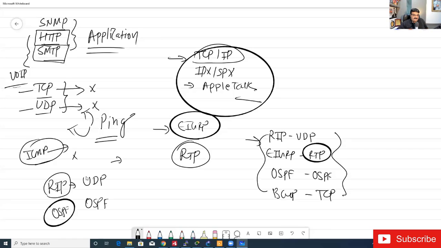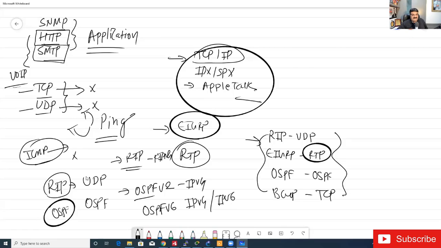For example, we have RIP. RIP is not modular based, so when IPv6 came into the picture, they had to build a specific new RIP, and we call it RIPng. Let me talk about OSPF. We have OSPF version 2, which is for IP version 4, and we have OSPF version 3, which is for IP version 6 as well.